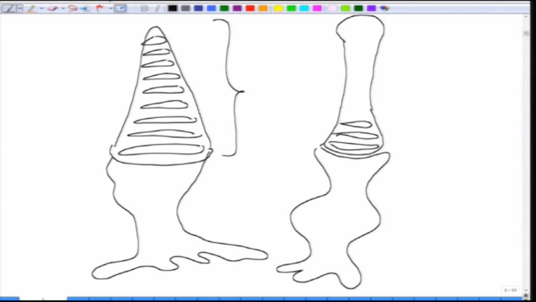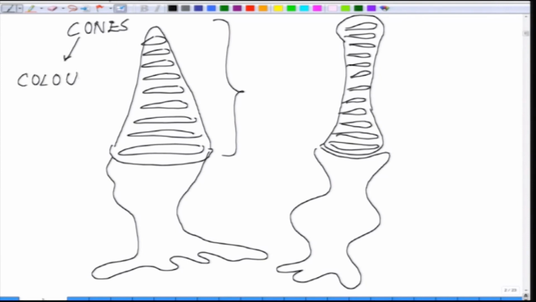So, they are called cones, and they are for color perception. These are the cones here for the colors, and these are the rods for different light intensity. Okay.